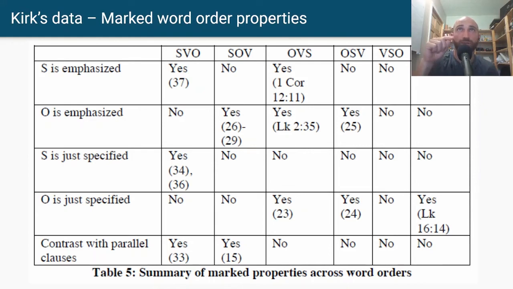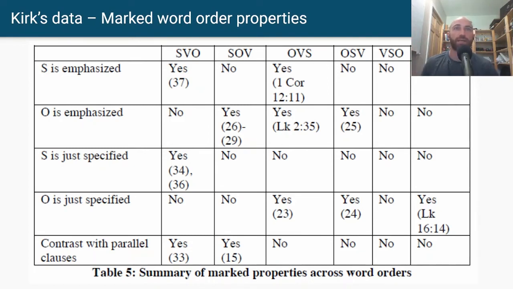For SOV, we can't. For OVS, we can. For OSV, we can't. For VSO, we can't. For VOS, we can't. So she goes through all these different possibilities. S is emphasized, O is emphasized, S is just specified, O is just specified, contrast with parallel clauses. And she looks at all the different contexts and she says, can we find examples of this? And she says, for the different orders, these are the kinds of pragmatically marked contexts we find them in.